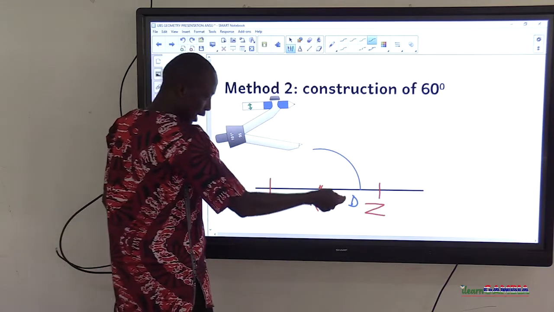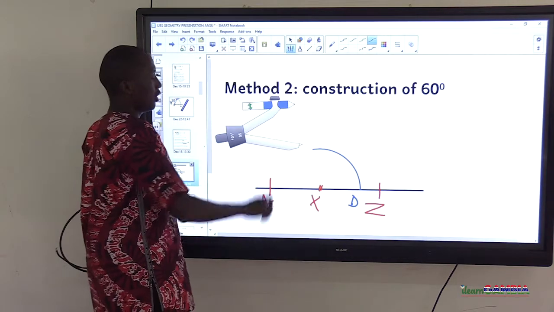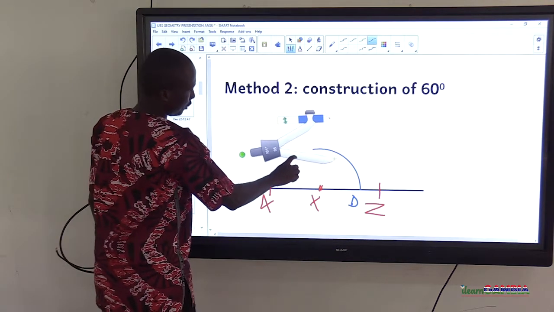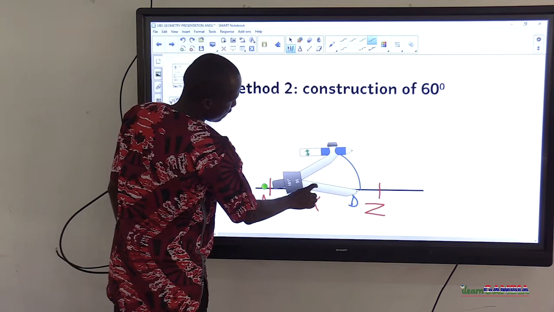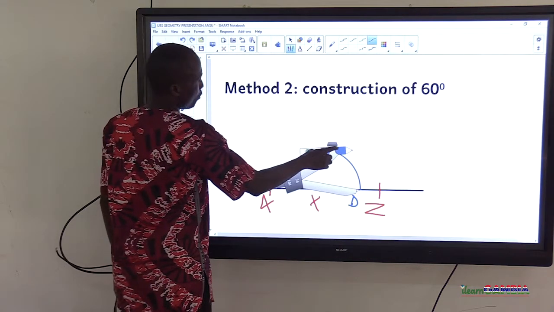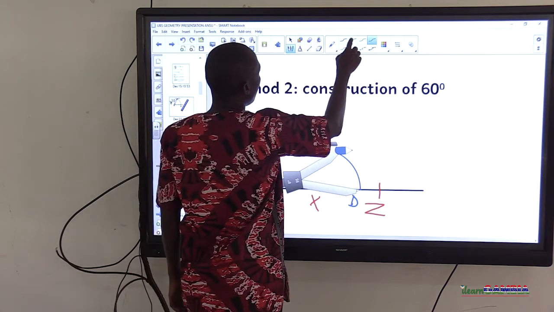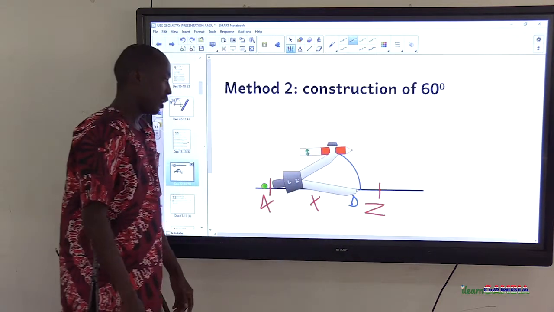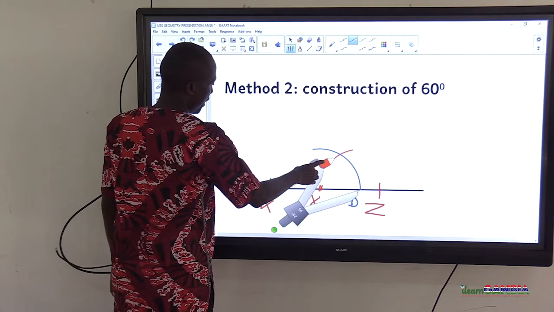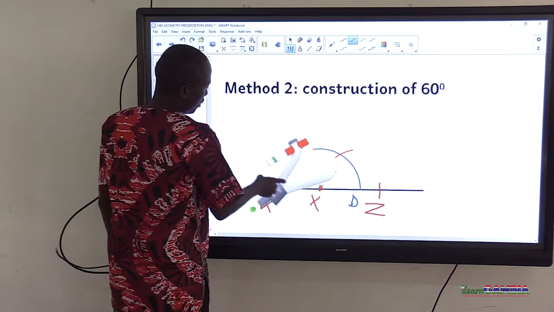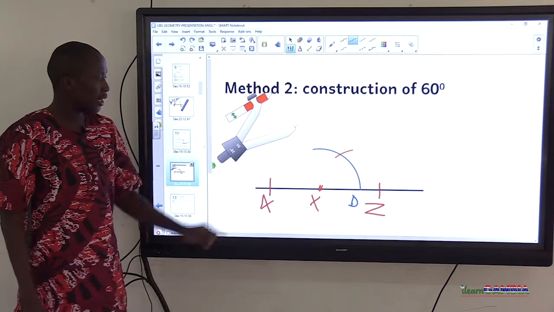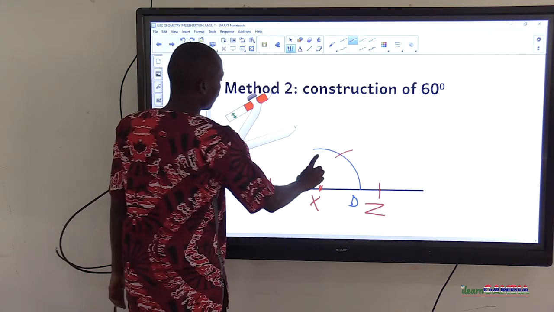We draw another arc to cut the previous arc at E. So we bring our compass to point D. You can see we have not changed the radius. At this point, we draw another arc that will cut the first one. I have done that. Where the first arc intersects with the second arc, that point is labeled as E.